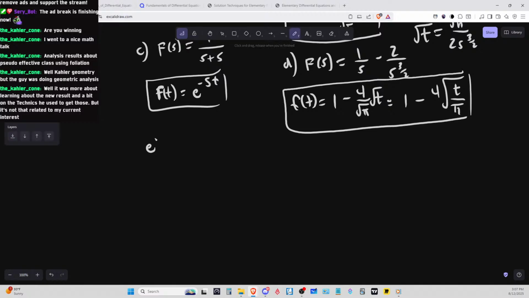Okay, so we got e: F of s is equal to 5 over s squared plus 9, plus 3s. Okay, so I think we got a cosine and a sine. And that's a 5. So my guess, this feels like 2 problems.